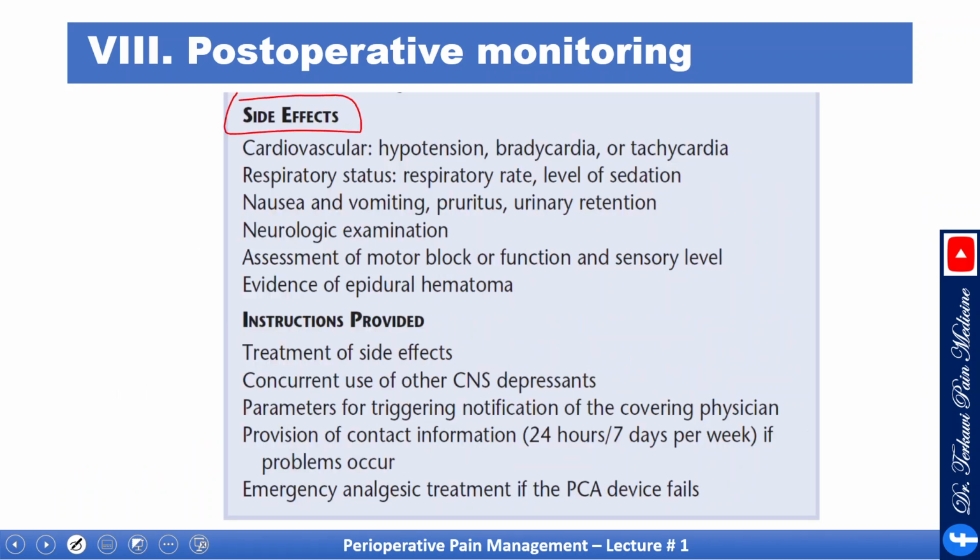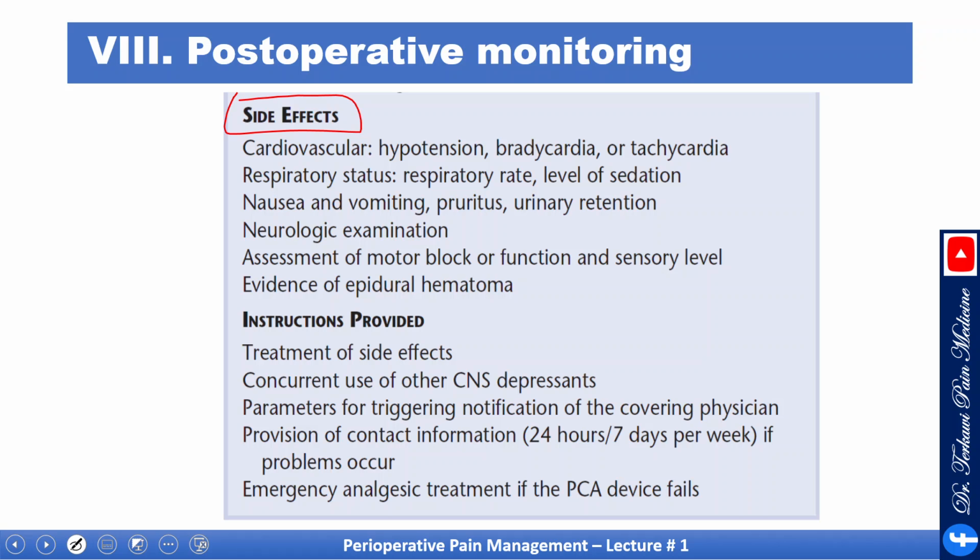Look for side effect: cardiovascular, which will be hypertension, bradycardia, tachycardia, etc.; respiratory; nausea, vomiting, pruritus, urinary retention; neurological exam, assessment of motor block or sensory function after epidural, for example.